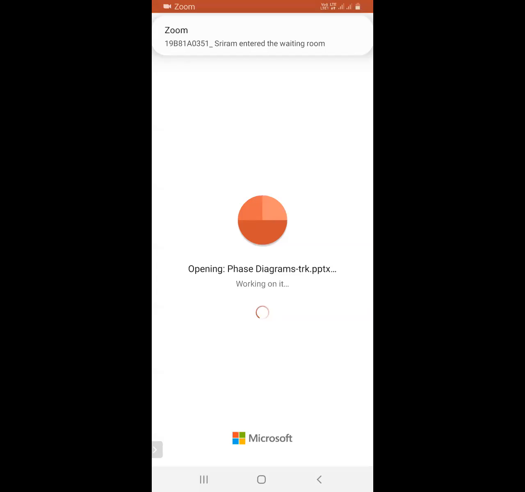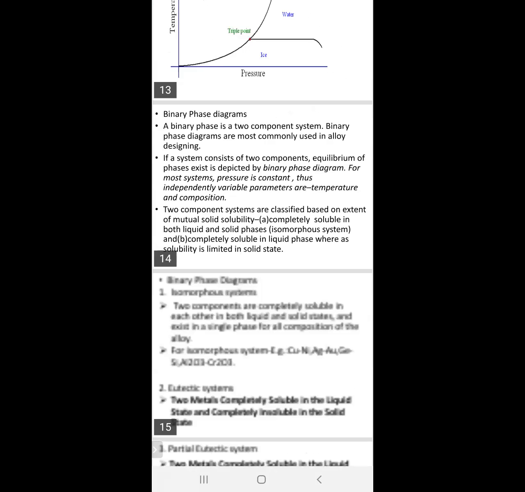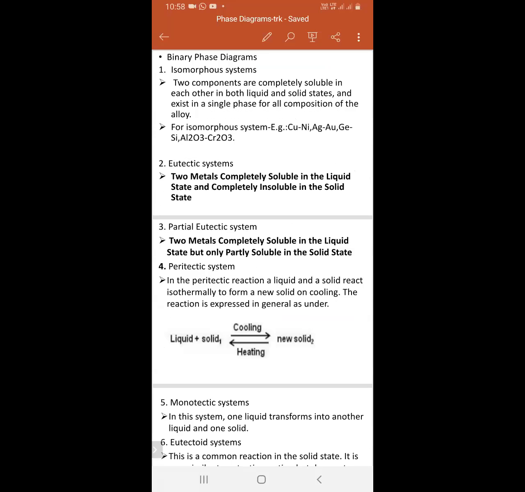Is the screen visible? Yes, sir, visible, sir.